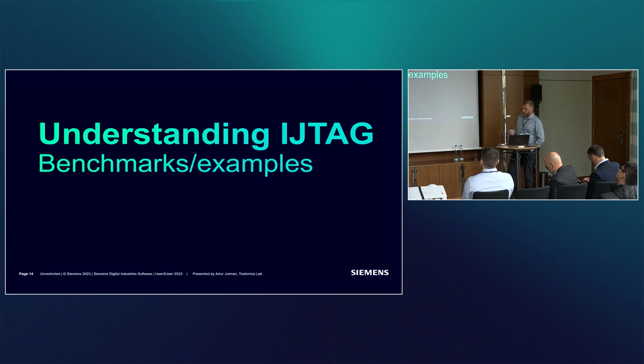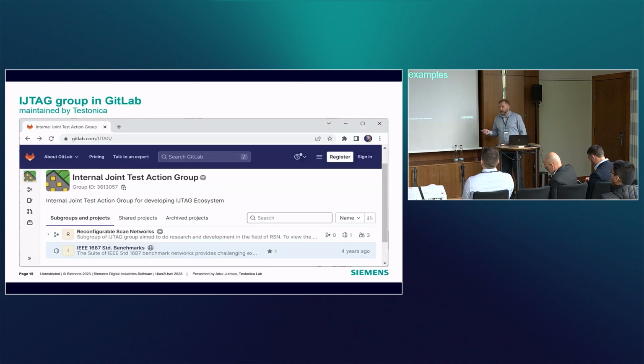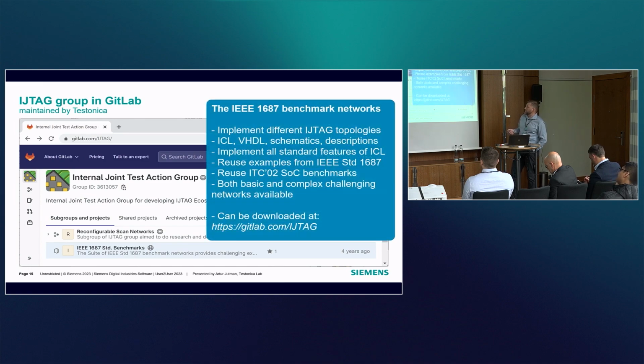Right, so let's have an insight into different flavors of IJTAG by looking into a set of benchmarks that implement different topologies of reconfigurable scan networks. You can visit this address at GitLab, GitLab/IJTAG.